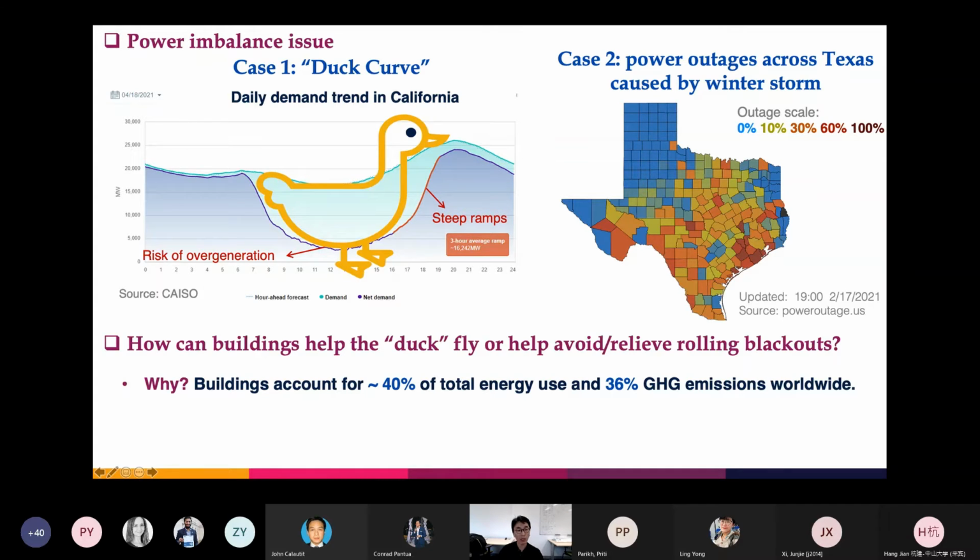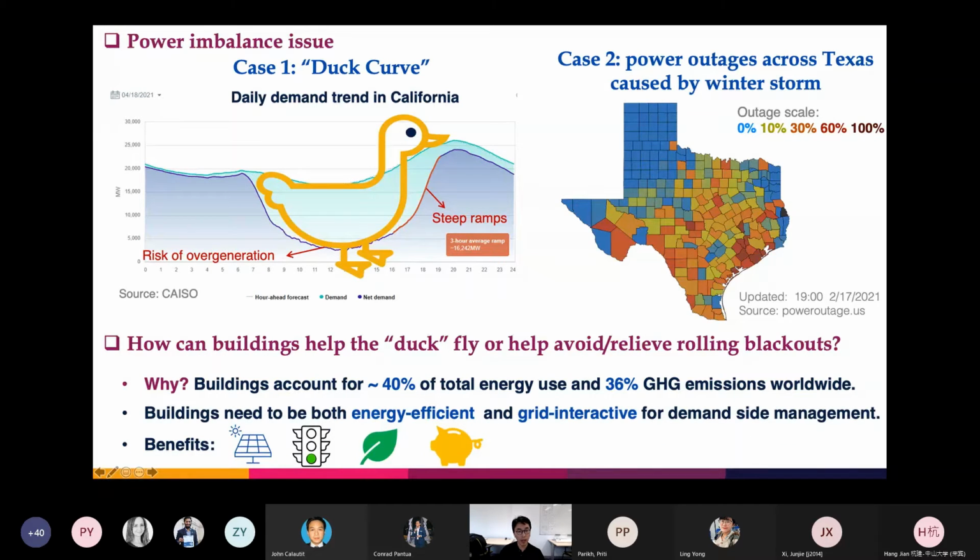So how can buildings help the duck fly and make the duck less saggy? How can buildings help to avoid and relieve rolling blackouts? Before answering that question, we need to understand why buildings. Buildings account for around 40% of the total energy use and 36% of the greenhouse gases globally.